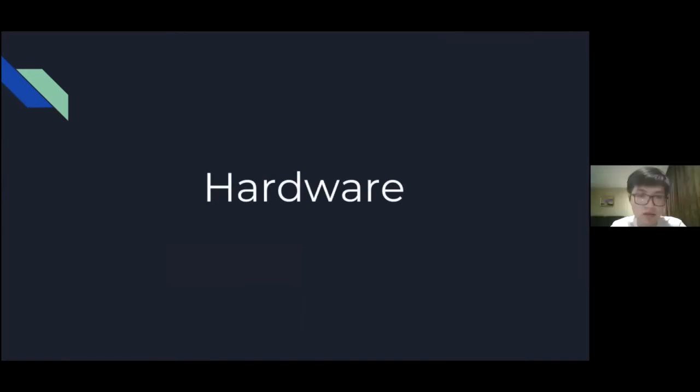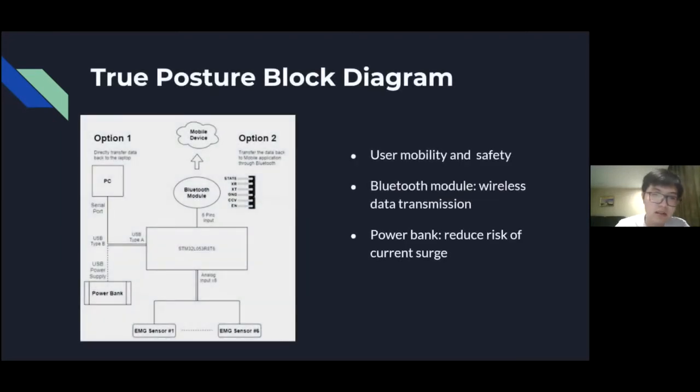Now I'm going to introduce the hardware part of the project. This is the general hardware block diagram of our project. As you can see here, we have all 6 EMG sensors interfaced with the STM32 microcontroller with analog input.